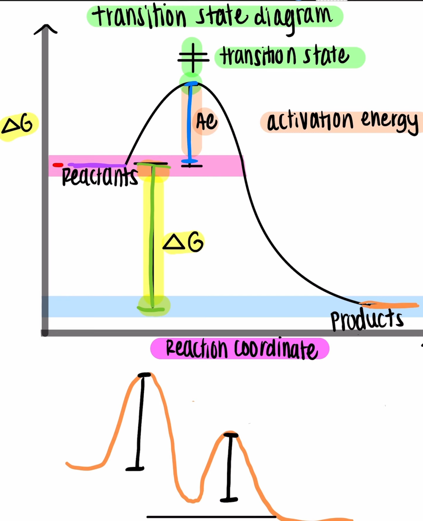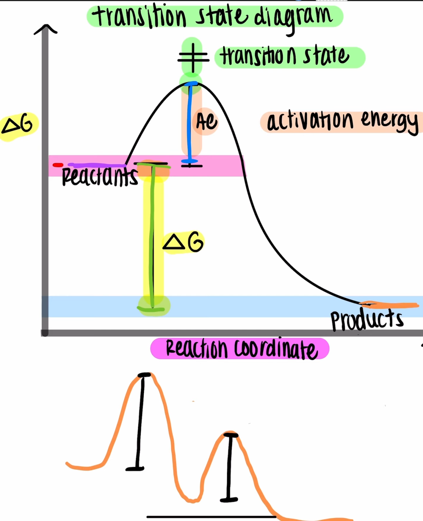What determines if a reaction will occur is the delta G, and just drill that in your head. It's not the activation energy, it is the delta G, the overall energy. Remember, if it is positive, it's endergonic, and if it's negative, it's exergonic and spontaneous. That is what determines the spontaneity of a reaction.